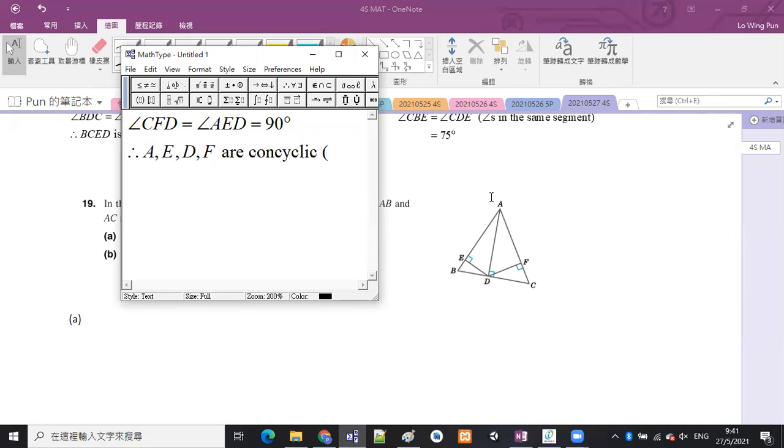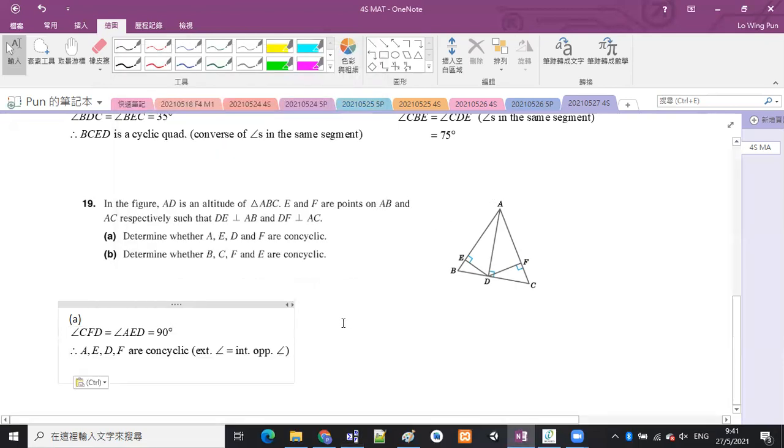Just one line, but with the correct reason. This time I've used exterior angle is equal to interior opposite angle. So this is part A.